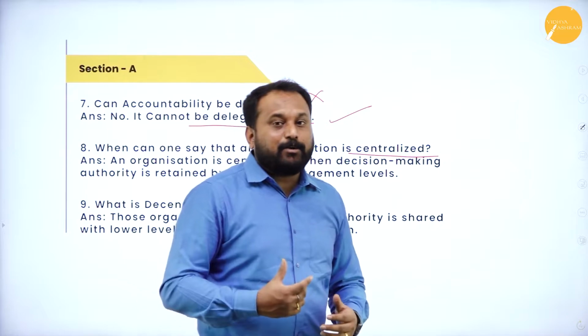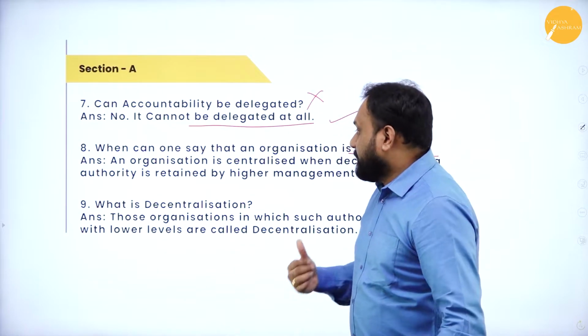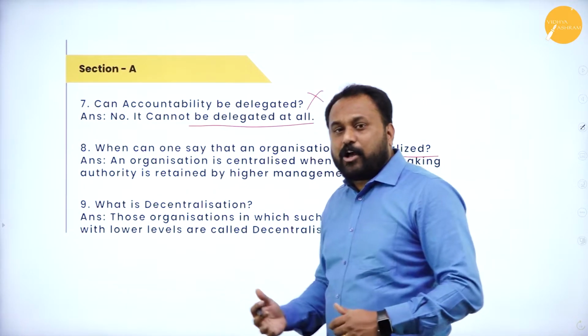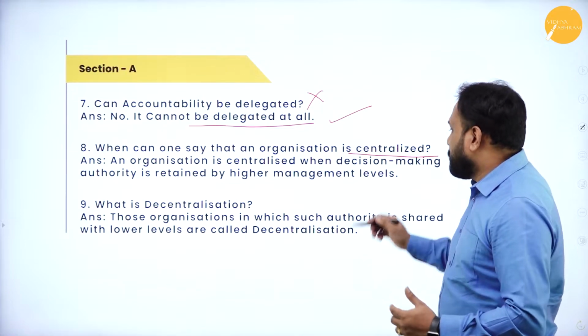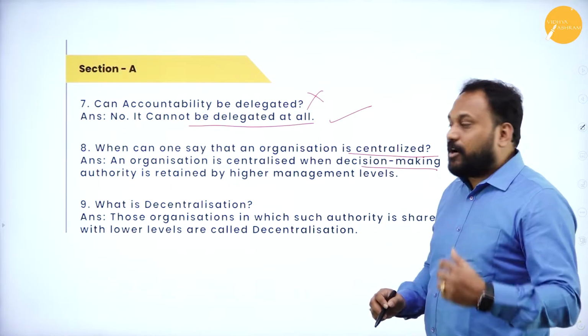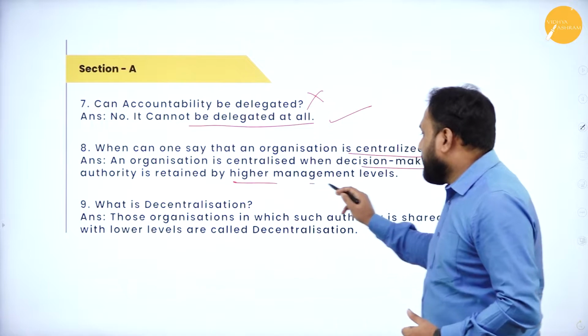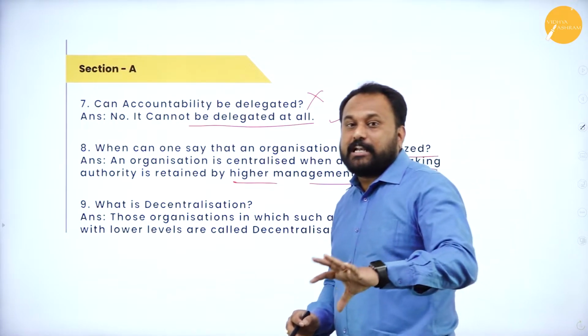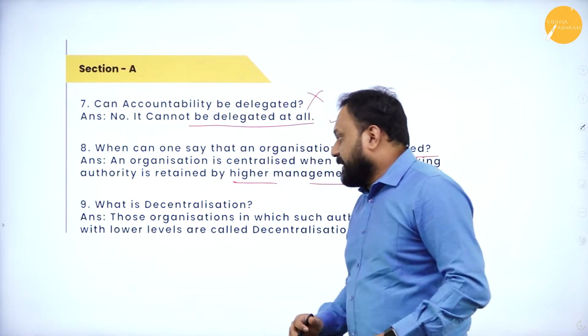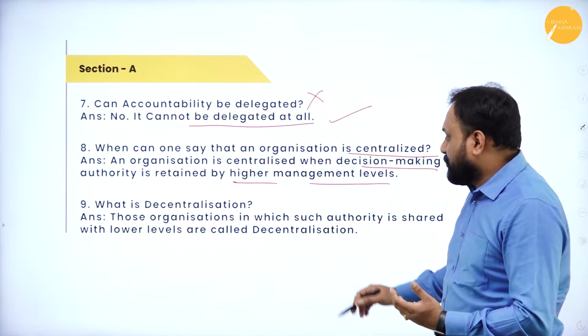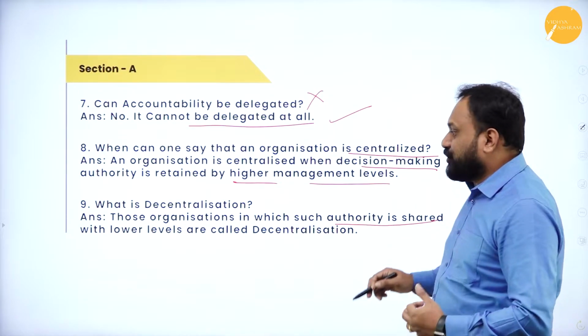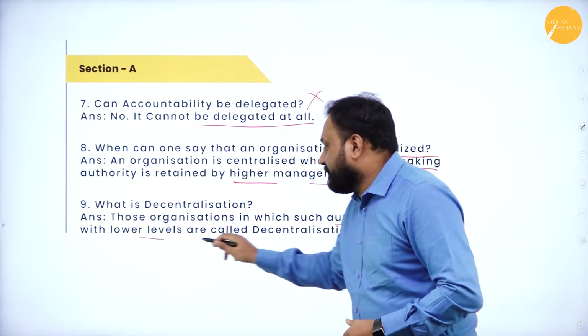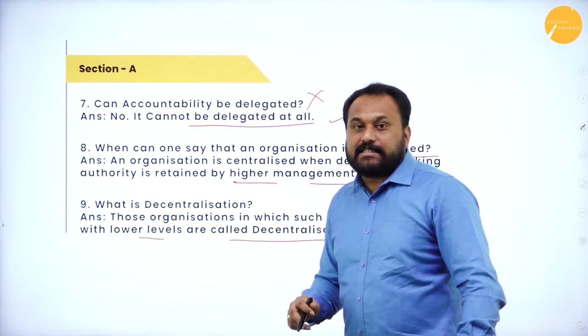So let's understand what is centralization and decentralization. An organization is centralized when decision making authority is restricted to the higher management level only. Now what is decentralization? Those organizations in which such authority is shared with lower levels are called decentralized.